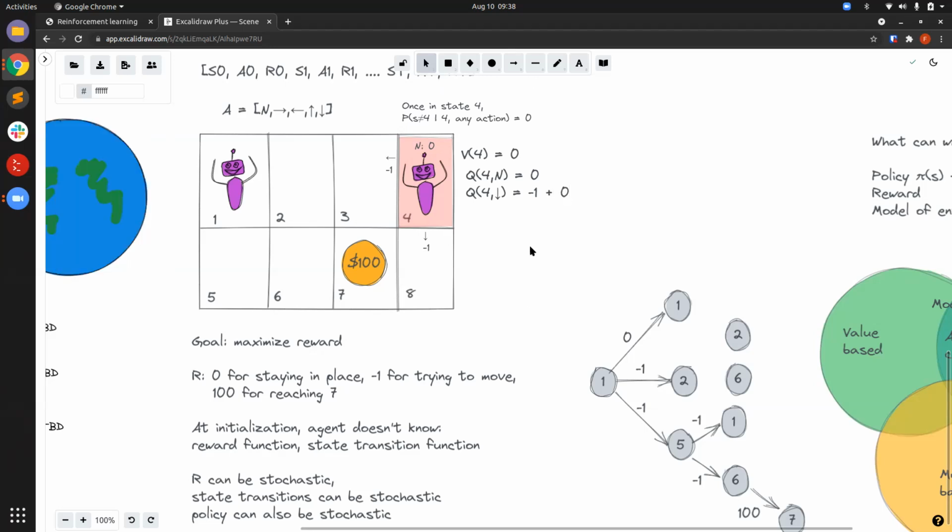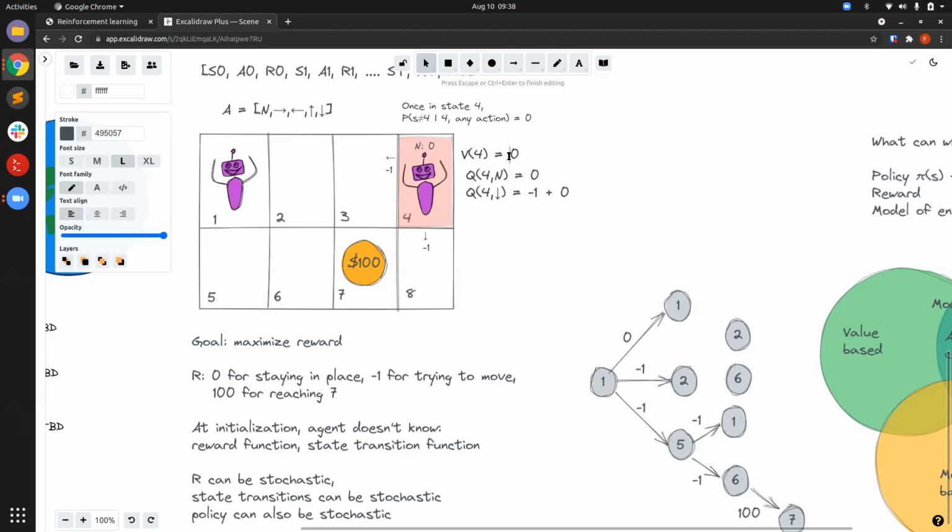Okay. So for every state, we can define a value of that state. And we could think of it as the value given a policy. Depending on the policy, we might have different values. But we're mainly interested in what is the best possible value we could get, or what is the best possible state action value we can get.